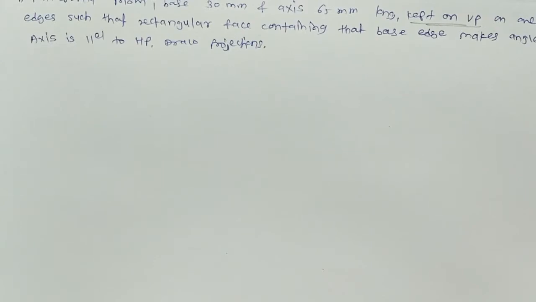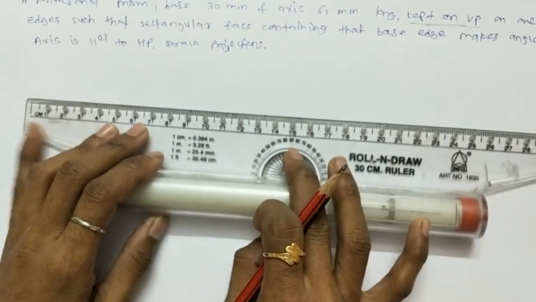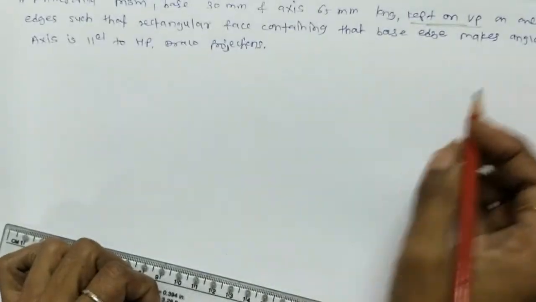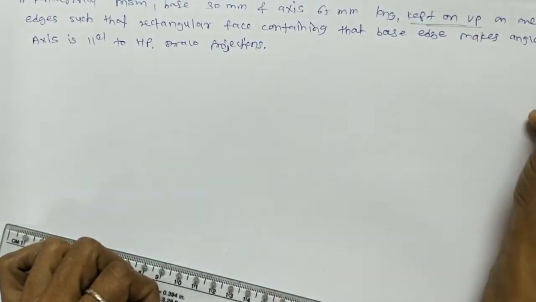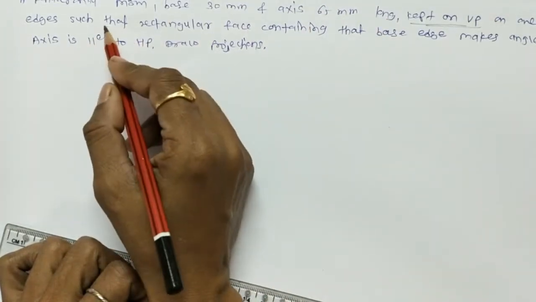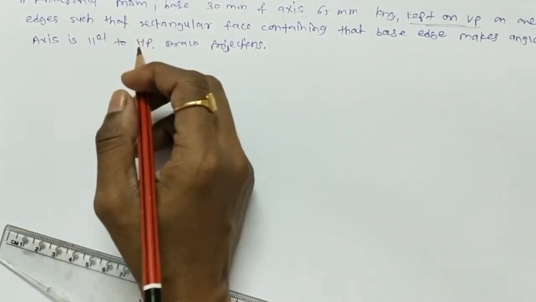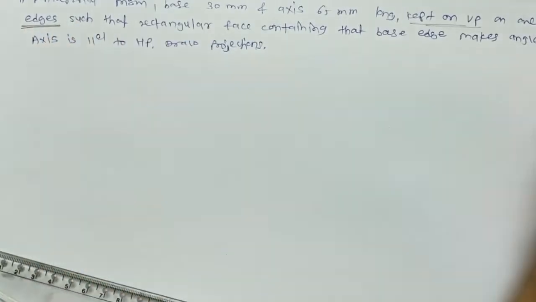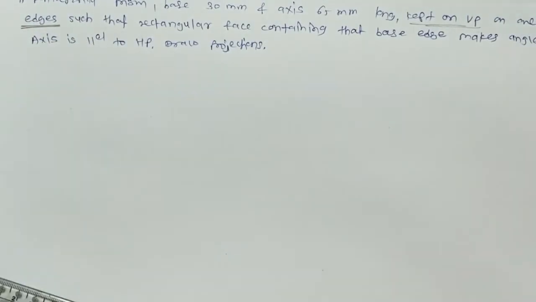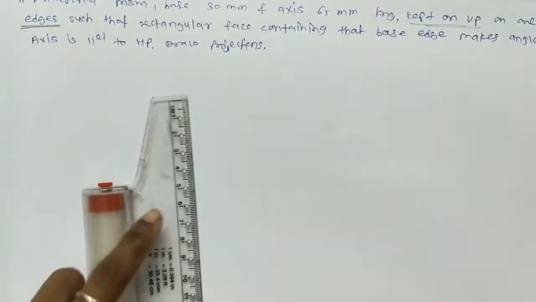So draw a pentagon having side 30 mm in VP. It is given that it is kept on VP on one of its base edges, so we have to take the edge at the right side.